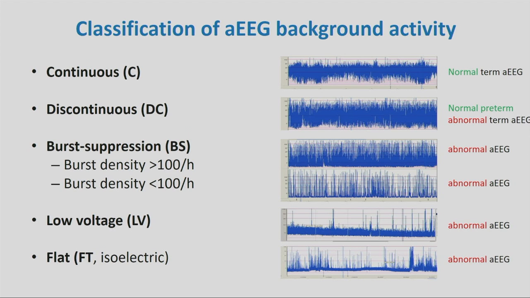This is normal in preterm babies, but abnormal in term babies. So in term babies, you always want a continuous activity in the EEG, and if it's discontinuous, then this is abnormal, probably due to a hypoxic ischemic encephalopathy.